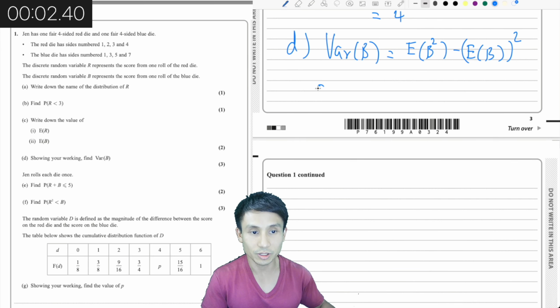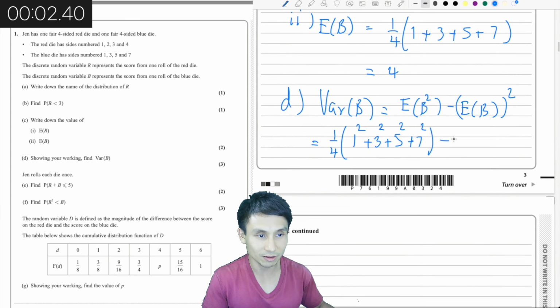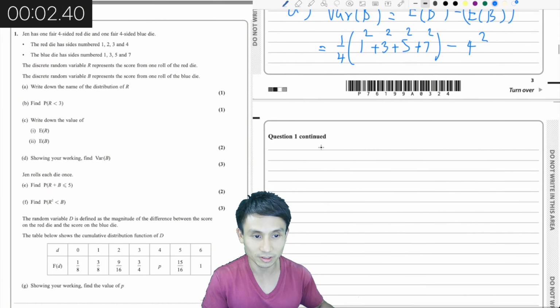And that would just be a quarter again, because each of them has a probability of a quarter. And then the B squared for each one would be 1 squared plus 3 squared plus 5 squared plus 7 squared. That's the first term, E of B squared, and then minus expected value of B. We got it already, 4 here, so we do 4 squared.